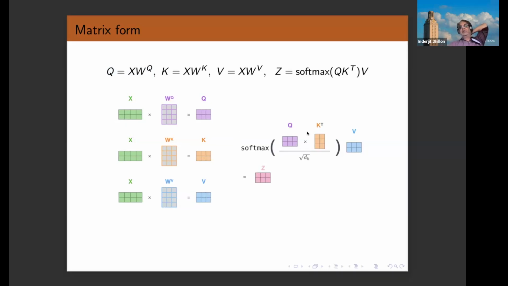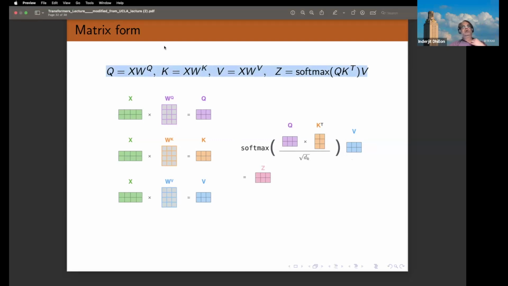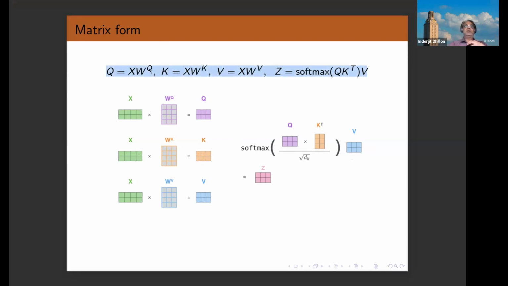And then you can do a softmax operation, which is defined over each row of QK transpose, and multiply by V. So you can represent this computation quite compactly. Q is equal to X times WQ, where the number of rows of Q is the same as the number of rows in X, which is the number of tokens.